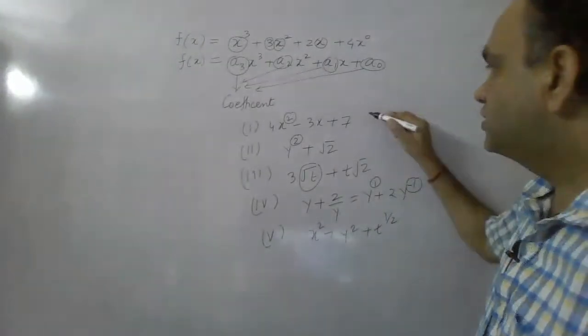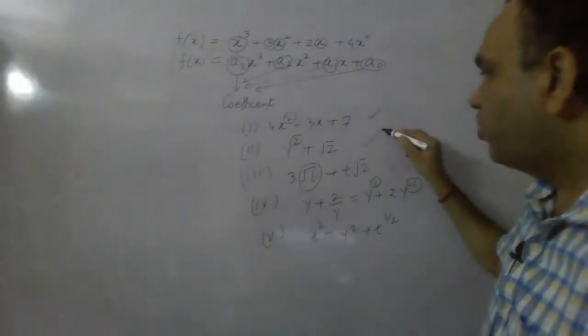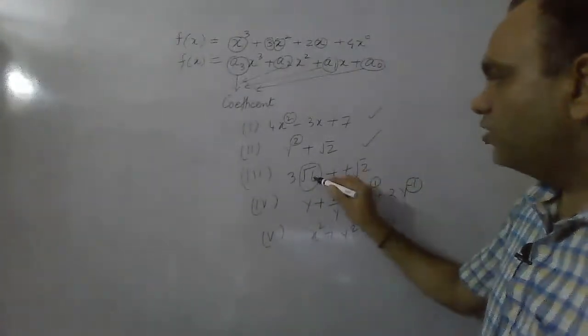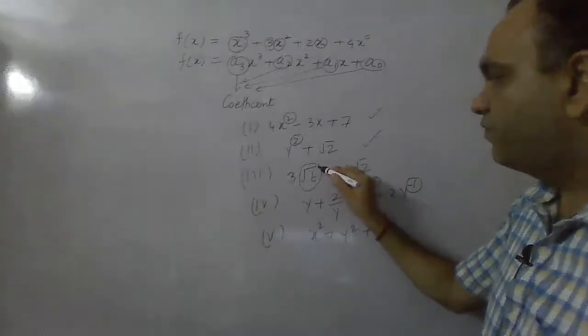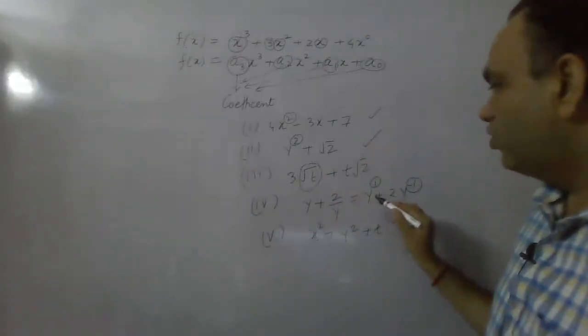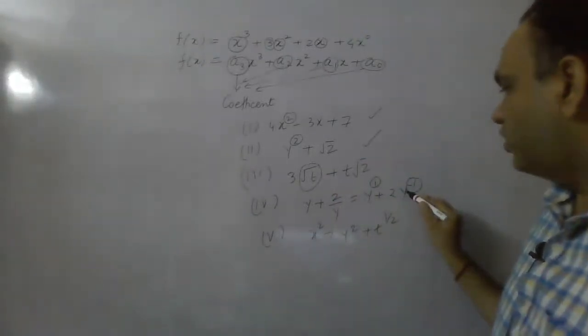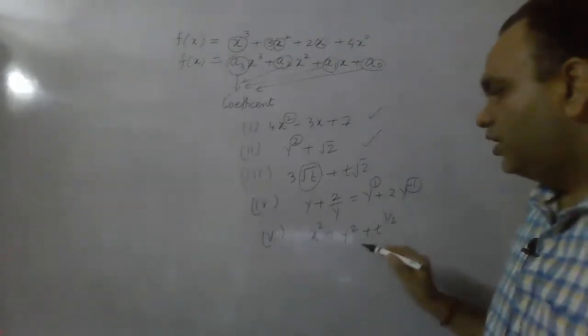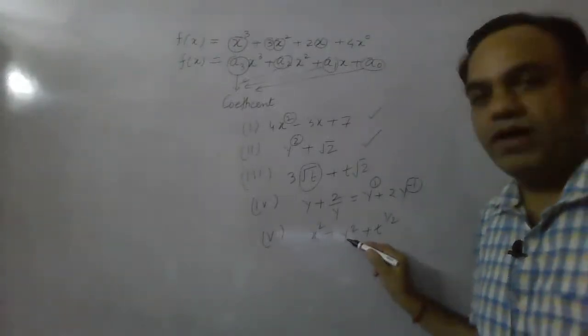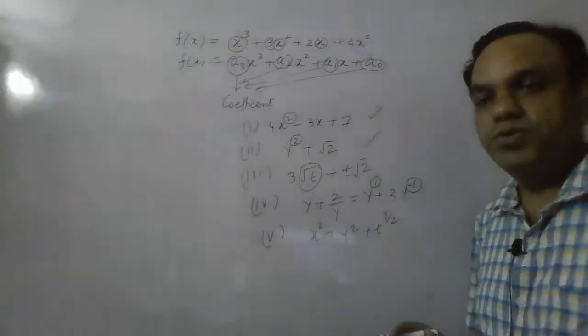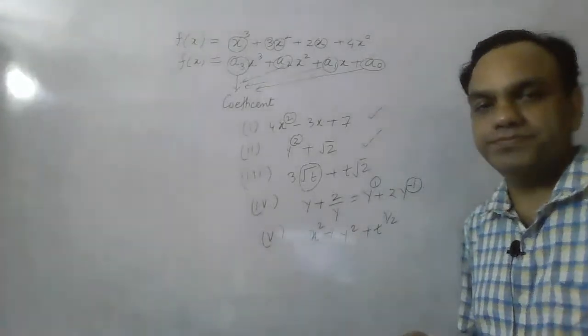So in this case, this is a polynomial, this is a polynomial, this is not a polynomial because the power of t is a fraction. This is not a polynomial because the power of y is negative, and this is not a polynomial in a single variable because we have used multiple variables.